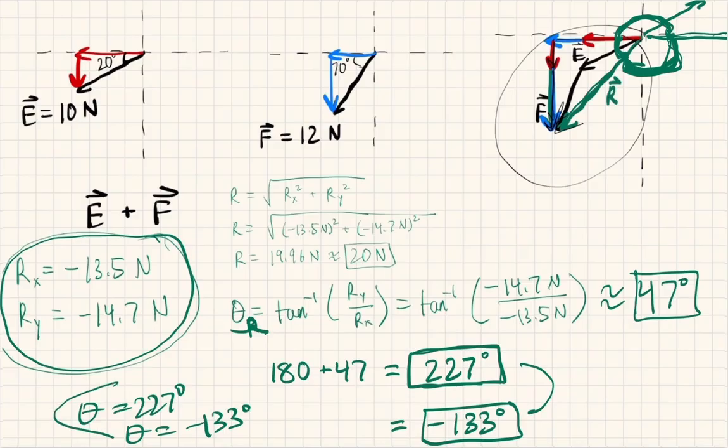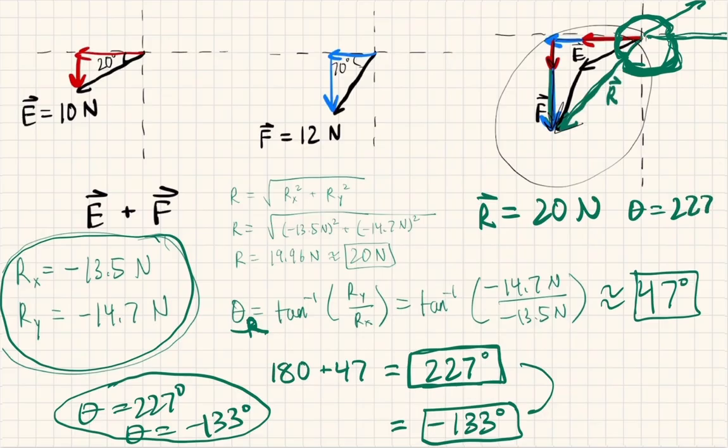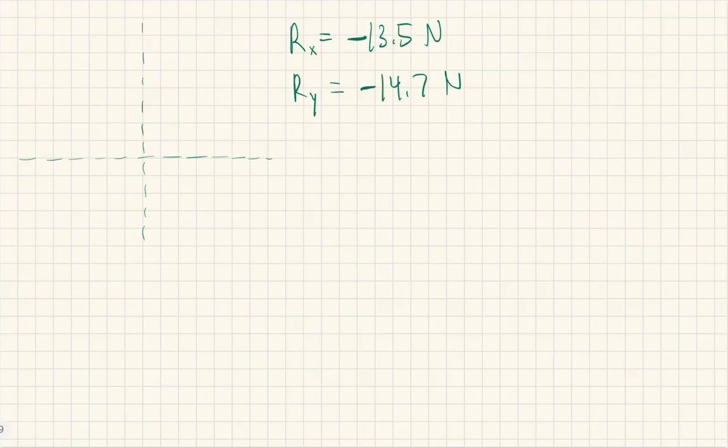Okay, and so to express the answer, we would say that the resultant vector has a magnitude of 20 newtons and a direction of 227 degrees from the positive x-axis. What if instead of both the x and y component of our resultant vector being negative, what if one of them was positive? So let's just say maybe our x component is positive.